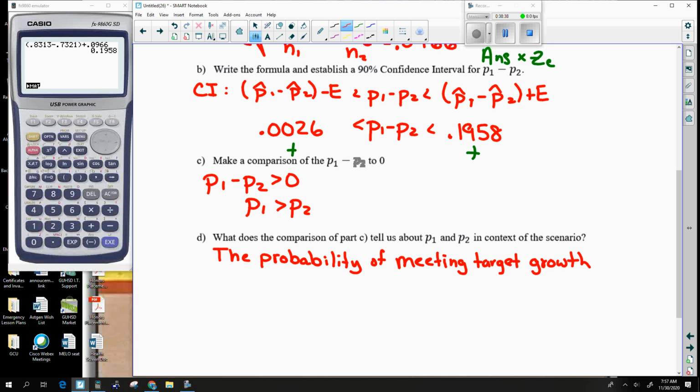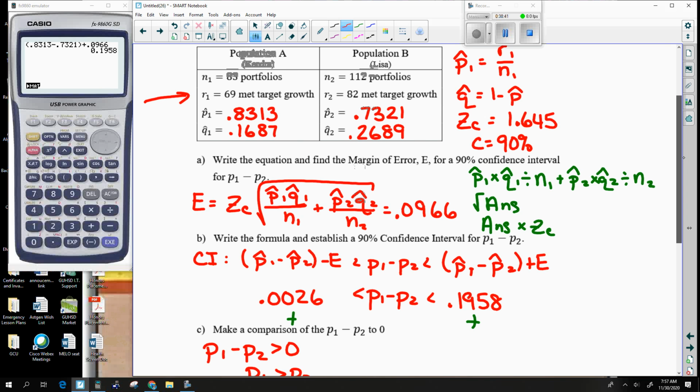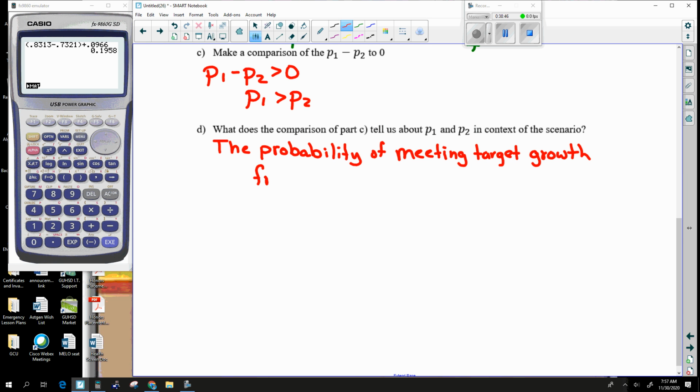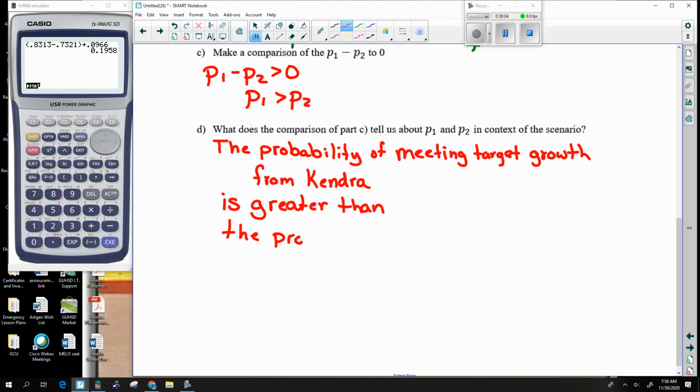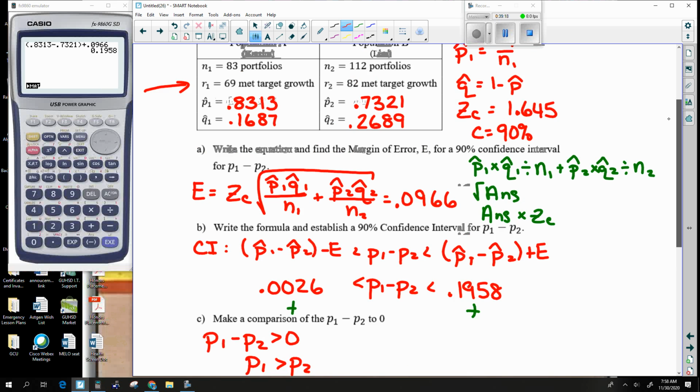Okay, so the probability of 1 is greater than 2. 1 is what? Population A, which is Kendra. So the probability of 1 is greater than the probability of 2. And who is 2? Lisa.